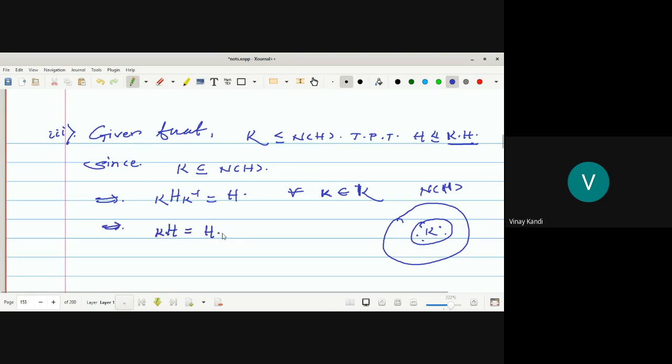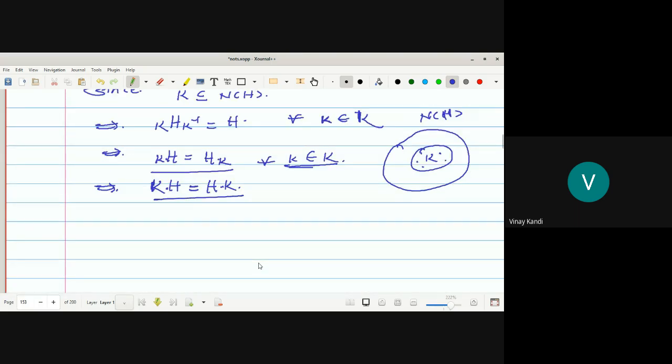Post multiply by k, so here k inverse into k is E, so here H into k is H. So this implies capital K into H is equal to capital H into K, for all small k belonging to capital K. If this is true for every element, then capital K into H is equal to H into capital K. And we have this.